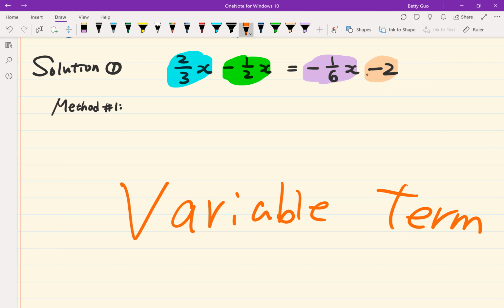Yin, which of them are variable terms? Is the blue a variable term? Is the green? Is the purple? What about the orange? Orange, yeah, you're right. Exactly. We have 3 variable terms, right?